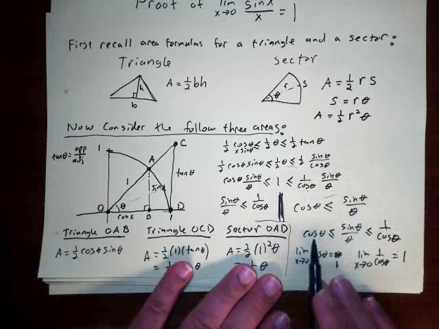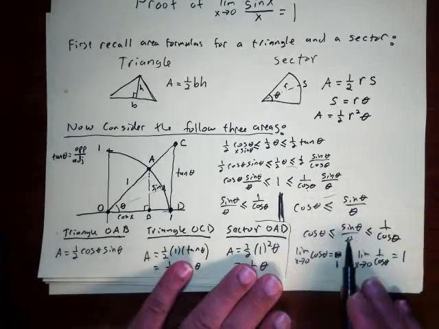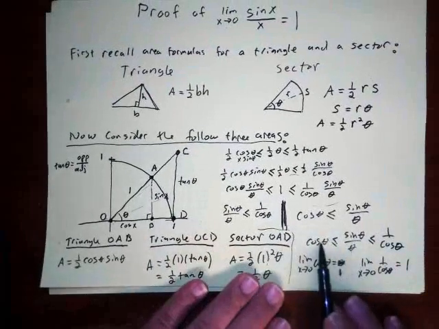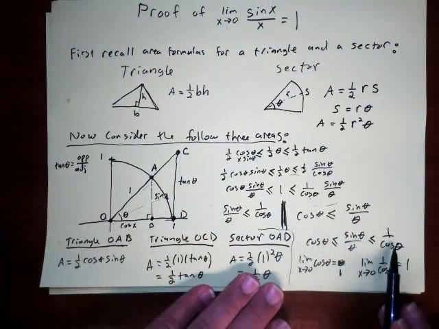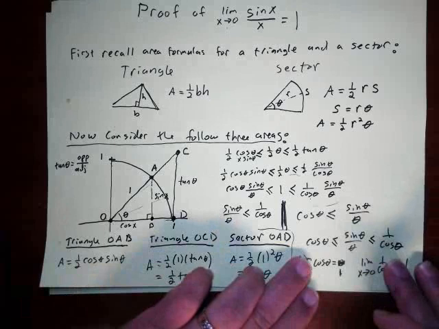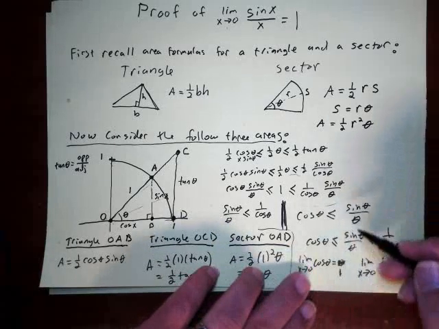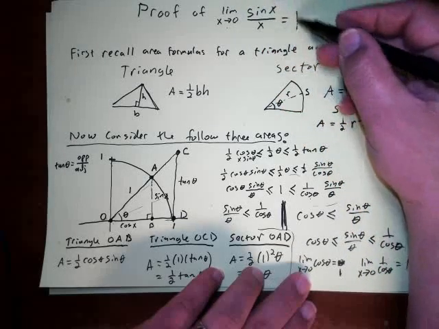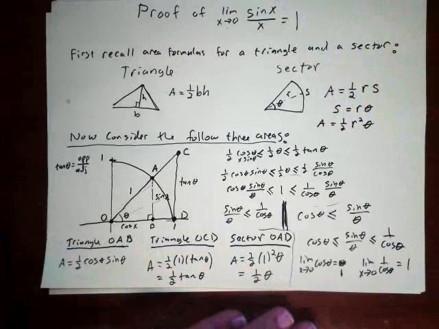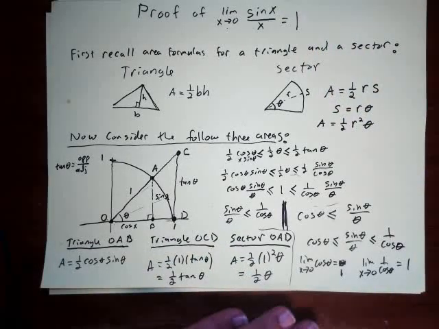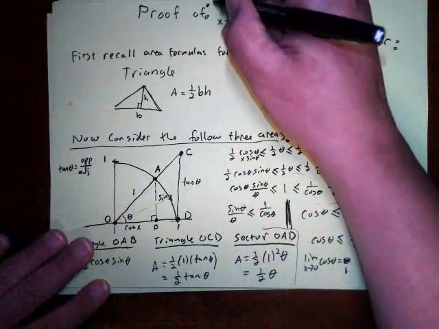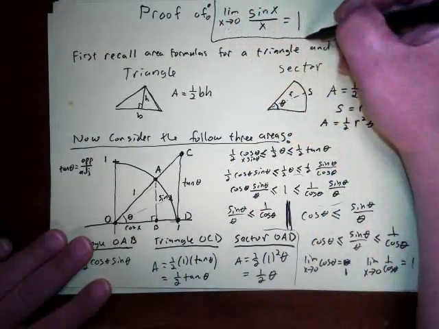Okay, so in other words, sine theta over theta, I've shown through this geometrical argument, is trapped between two functions that are both going to 1 as x approaches 0. And so what it means is that sine of theta over theta as x goes to 0 also has to approach 1.